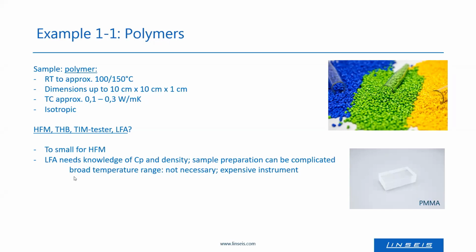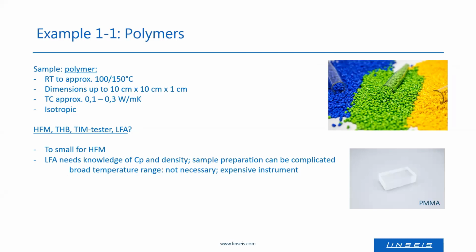This can be a bit complicated. One of the big advantages of a laser flash is the very broad temperature range which is covered, but this is not necessary for our polymer. And last but not least, it's a quite expensive instrument.